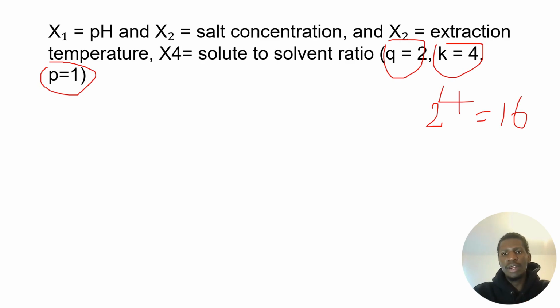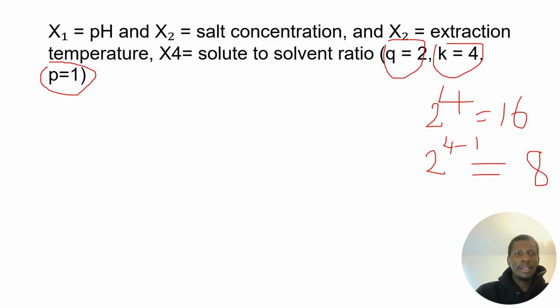So in a fractional factorial design, we expect to have half of this number of experiments, so that the fractional factorial design will be 2 raised to the power 4 minus 1, which equals 8 experiments. So instead of running 16 experiments in a full factorial design, we design an experiment using a fractional factorial design that has just 8 runs.